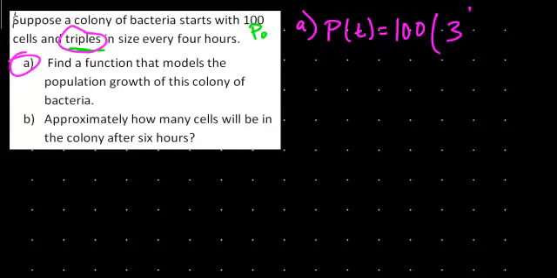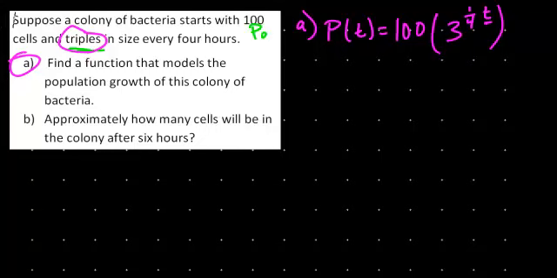So that's going to be 3 to the 1/4 t. Again, it's so much better if you try to think about why this is true rather than just try to memorize the formula. This makes sense: when I put a 4 in here for t, 1/4 times 4 is 1. Thus, I get a 3 there, and I get to triple something. Okay? So I think that's going to be my formula.